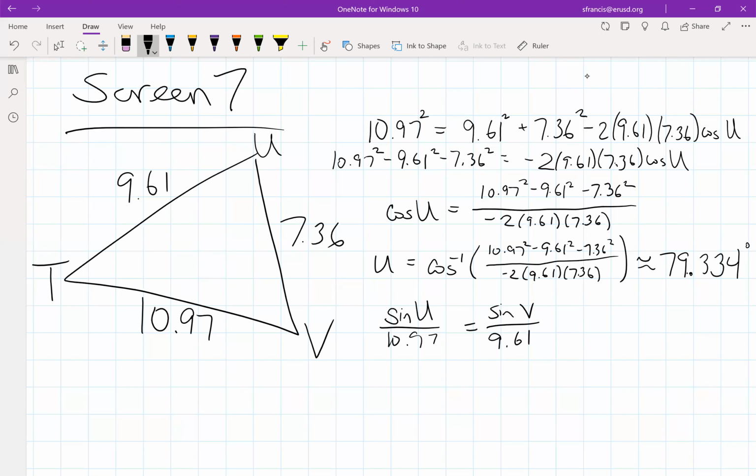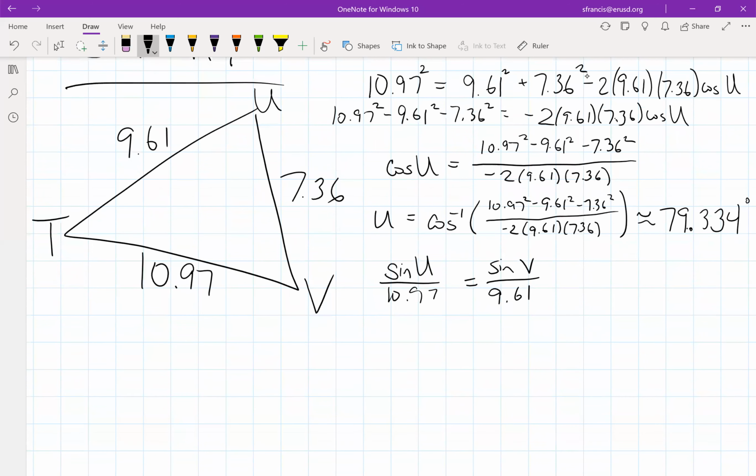And remember, we know angle U, so you can multiply both sides by the 9.61 and get the sine of V as 9.61 times the sine of angle U divided by 10.97. And then angle V is going to be the inverse sine of this mess over here, 9.61 times the sine of angle U over 10.97.